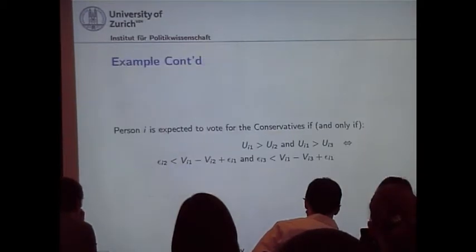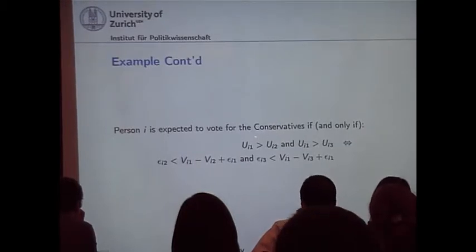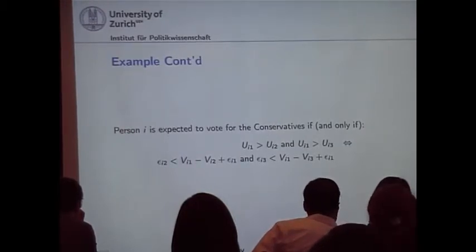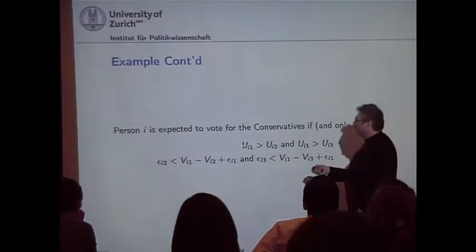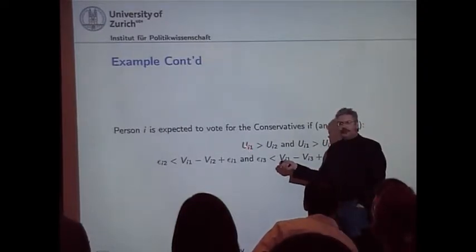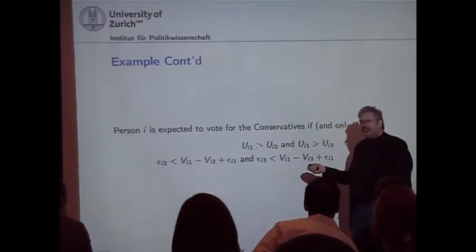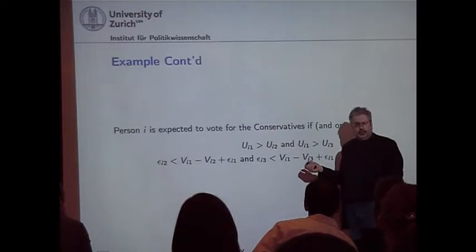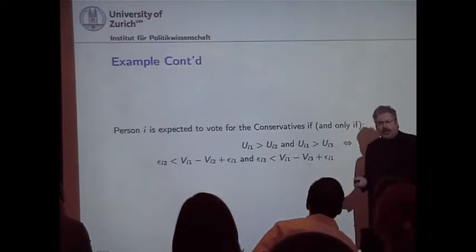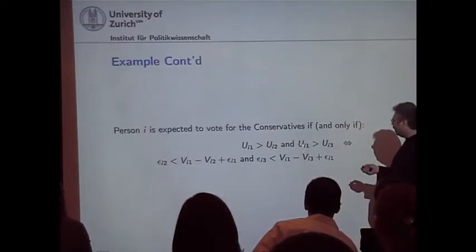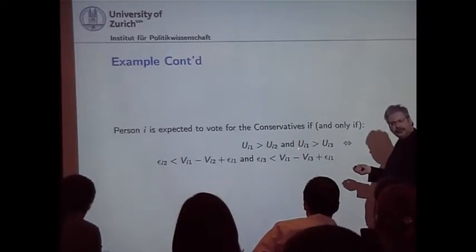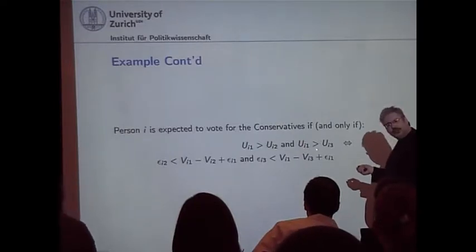In our example, person I is expected to vote for the Conservatives, party 1, if and only if the utility for the Conservatives exceeds the utility towards Labour, party 2, and at the same time exceeds the utility for party 3, the Liberal Democrats.